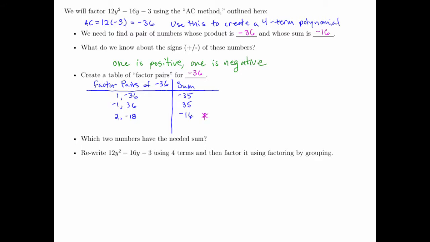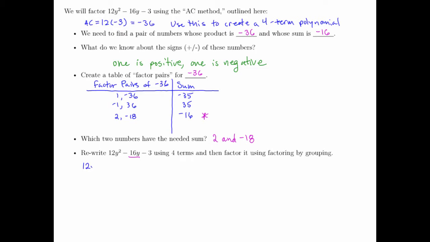So at this point, we don't need to continue that table of factor pairs. There certainly are more, but at this point we have the 2 that we need. So which 2 numbers have the needed sum? 2 and negative 18. So we'll use those to rewrite the minus 16y as 2y minus 18y. So looking at our last set of instructions here, we're to rewrite 12y squared minus 16y minus 3 using 4 terms and then factor it using factoring by grouping.